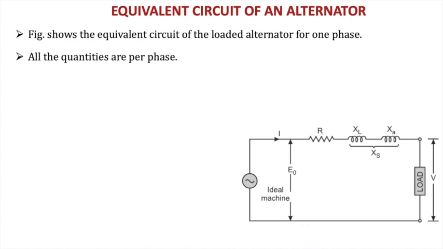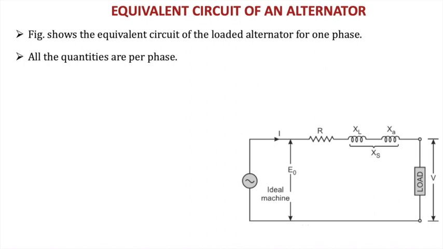All alternators are normally three-phase synchronous generators, but whatever we discuss or whatever circuit diagram we make will be per phase. If I say that the armature resistance is 0.1 ohms, I am talking about the armature resistance per phase.